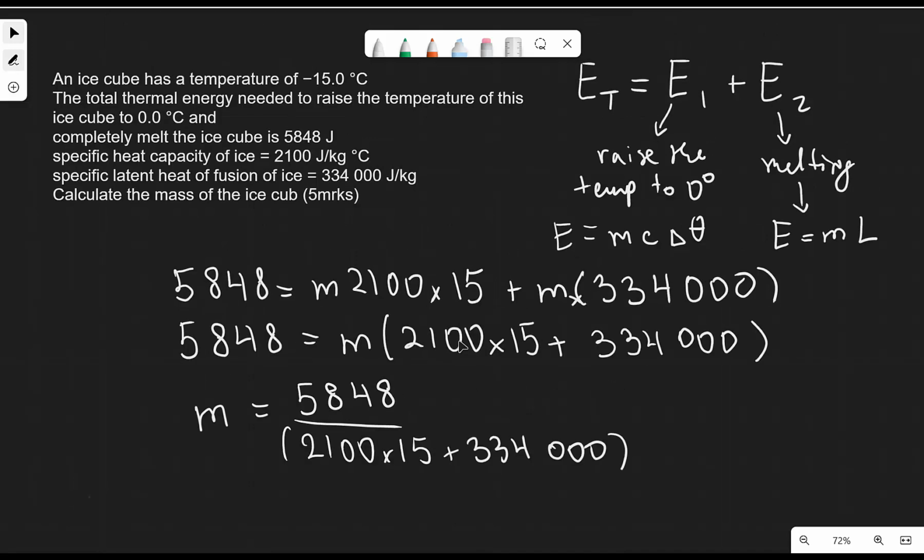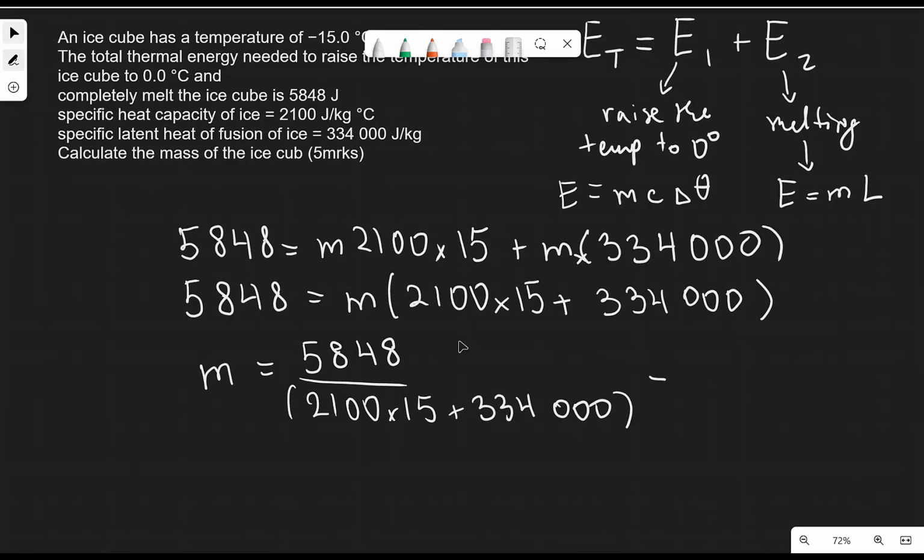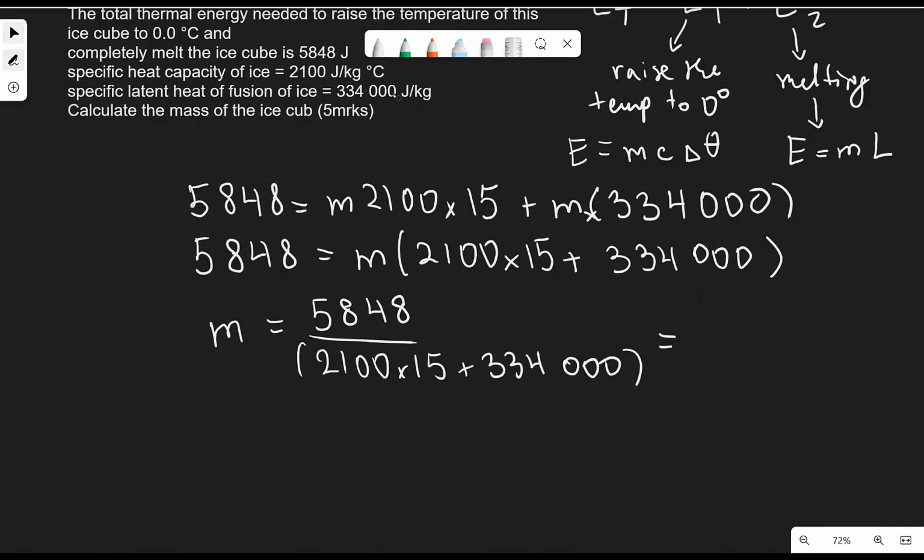And quick unit check, they all seem fine. I can just plug that into a calculator, and we are going to get 0.016 kilogram. If you need that in grams, this is equal to 16 grams.